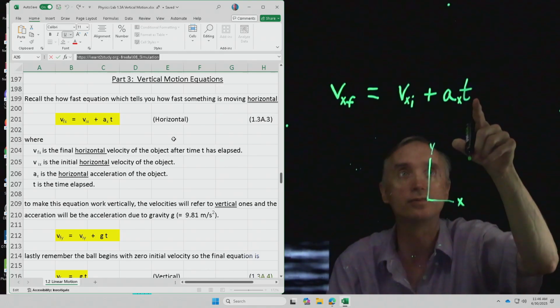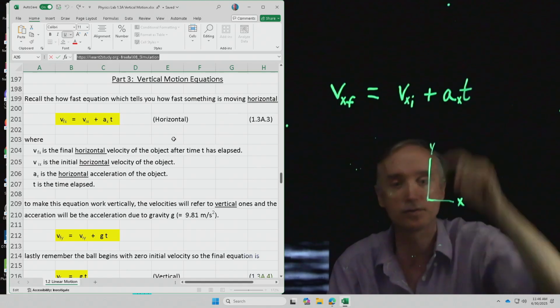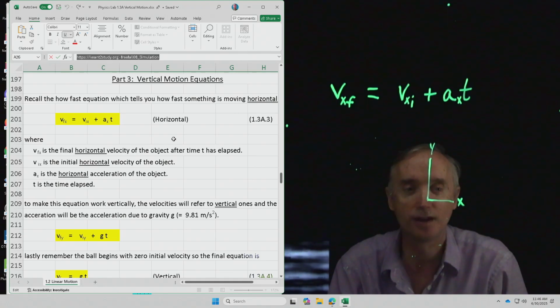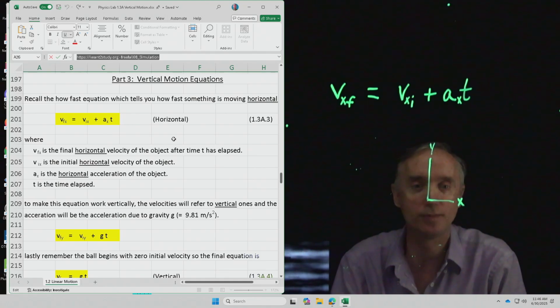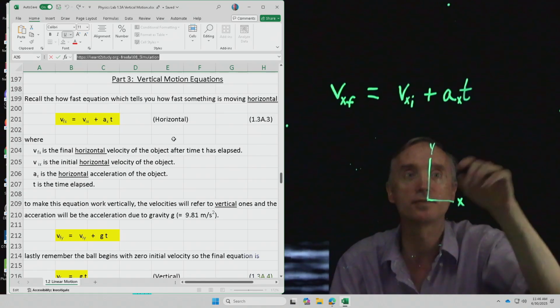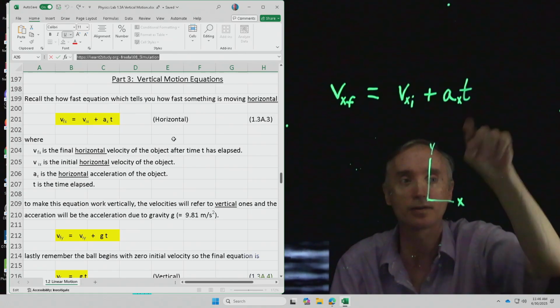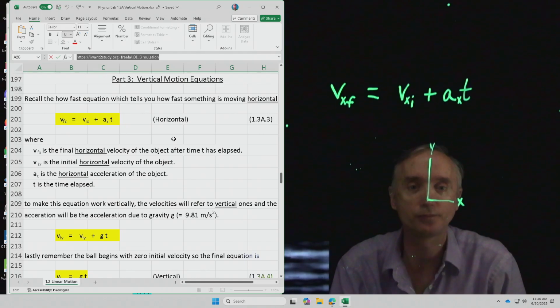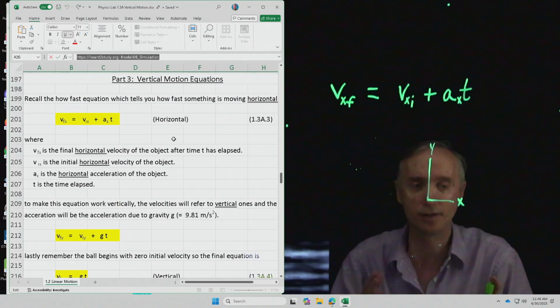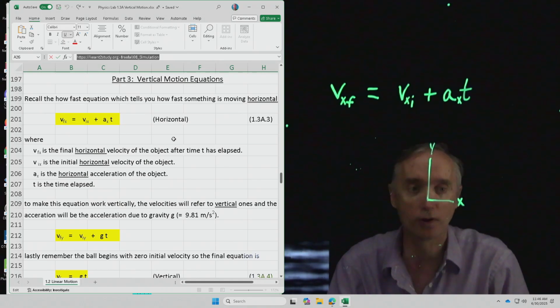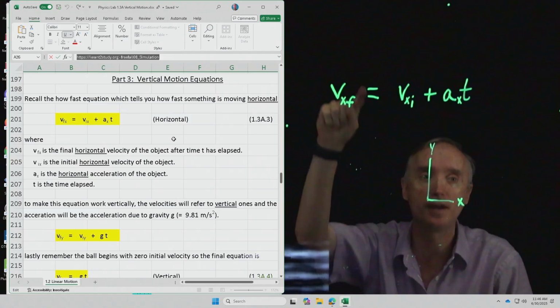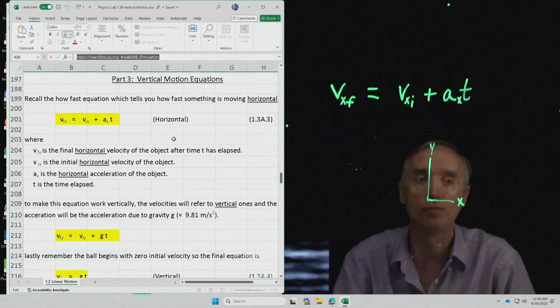What about this one? Should I put t sub x on there? Well, not really. Time is time, and it's a scalar, so it doesn't really have direction, so we don't need to put an x on that one.